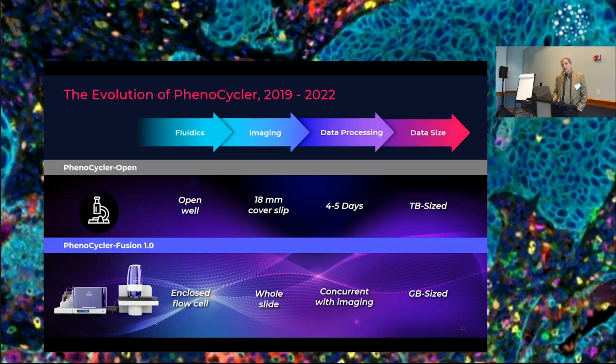But the imaging switched from a cover slip on an inverted microscope to a direct, upright microscope. So again, in order to get some of the performance and ways of working to be more amenable and more open to a broader, less expert user group, we actually had to turn the microscope on its head as well. And so a bunch of these things went on.